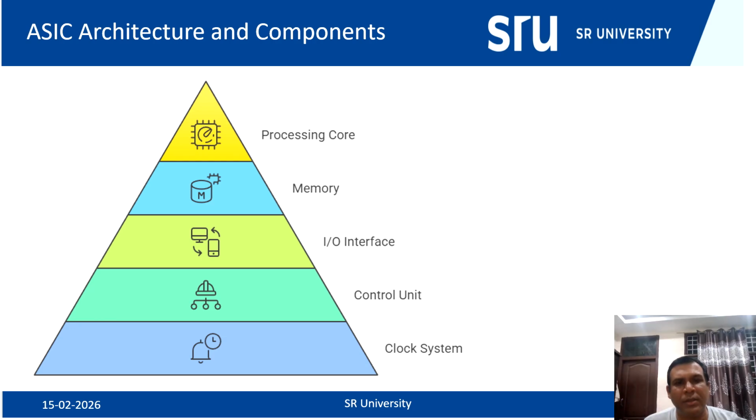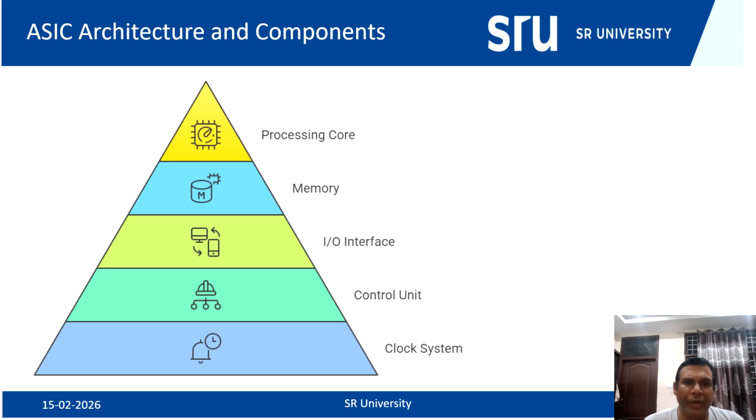One of the major components of ASIC architecture is the processing core. This is the central unit responsible for performing the main computational operations such as arithmetic calculations, logical operations, and data processing. The processing core executes the instructions required for the specific application, making it the most important functional block of the ASIC.